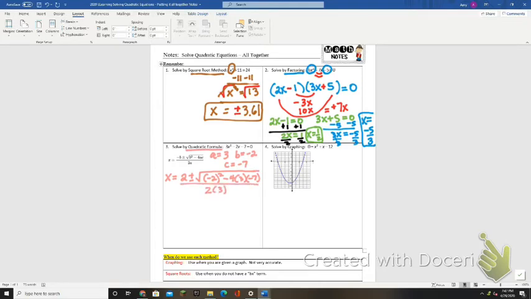So remember, we are going to do what's inside the square root first. And when you hit your square root button on your calculator, it automatically opens a parenthesis here. So you're going to have to put 2 parentheses because you want to type in what's underneath the square root exactly like you see it here.